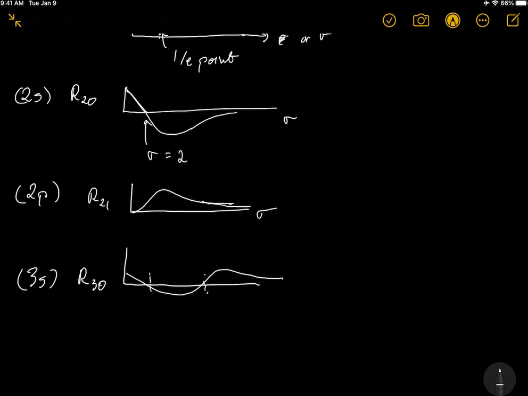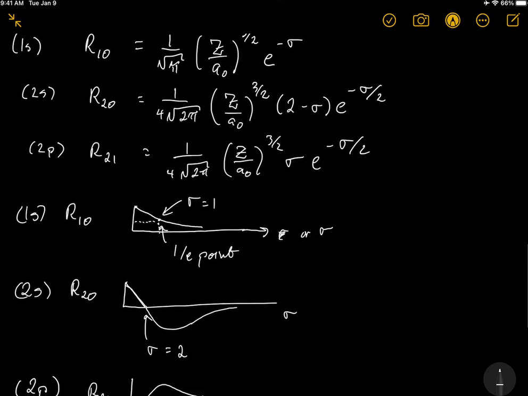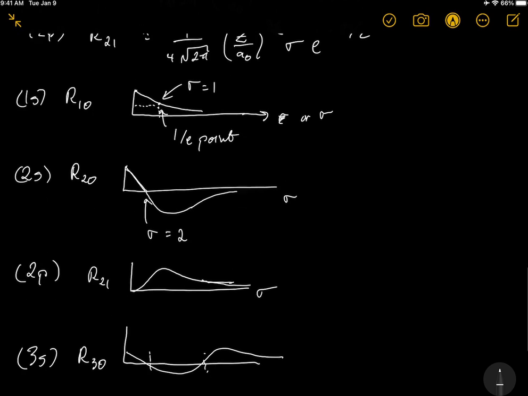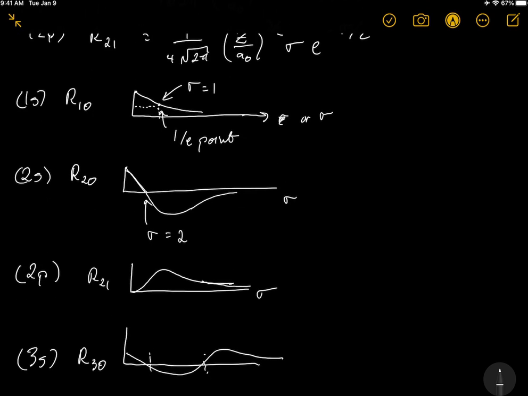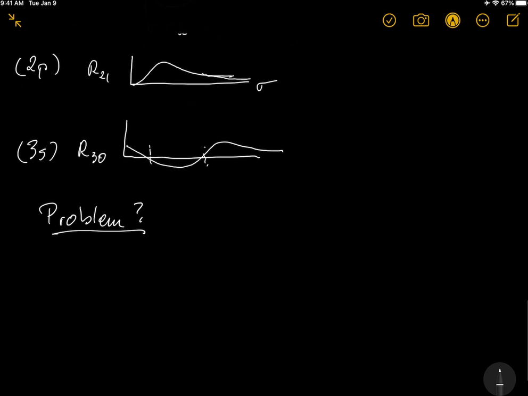So that's what the radial function looks like, but there's a couple of problems. One of the problems is that some of these wave functions, we look at R10 and R30, all of these are exponential functions that don't vanish at the origin, that don't vanish at r equals 0 or sigma equals 0. So there may be a problem here.